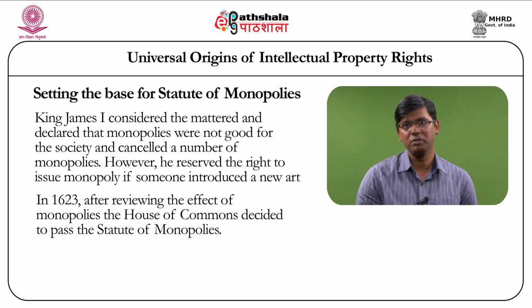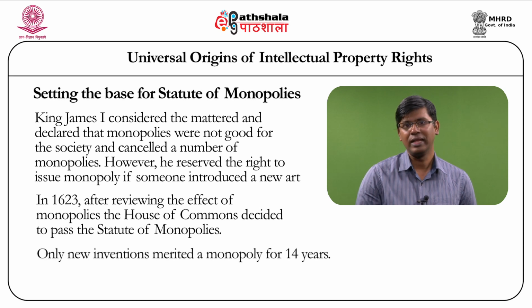formulated by the Parliament in 1624, and monopolies were largely to be granted on the basis of novelty and for a period of 14 years. This was the genesis of modern patent law.